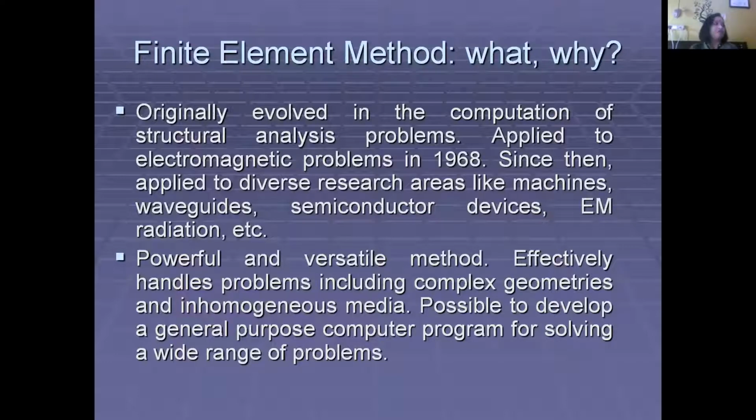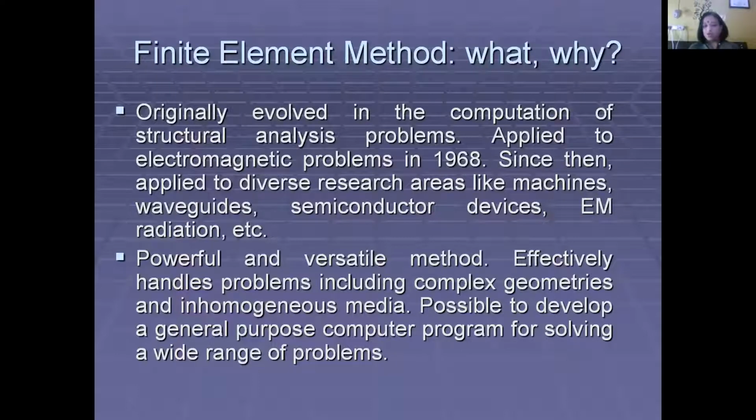And the most important thing is, in this course, you're going to develop in MATLAB a finite element program. And firstly, you will deal with electrostatic problems. And later, I will show you how you can incorporate small modifications, or sometimes not so small modifications, and utilize them for other fields like electromagnetic fields, etc. In fact, those of you who are from mechanical engineering already know that you can apply it to various problems of non-electrical nature.